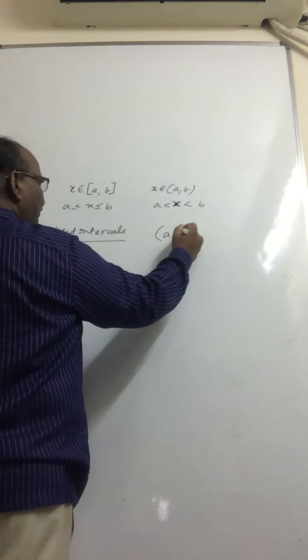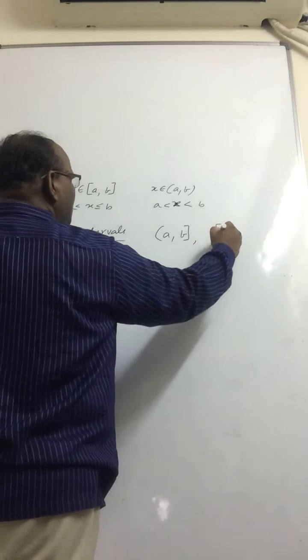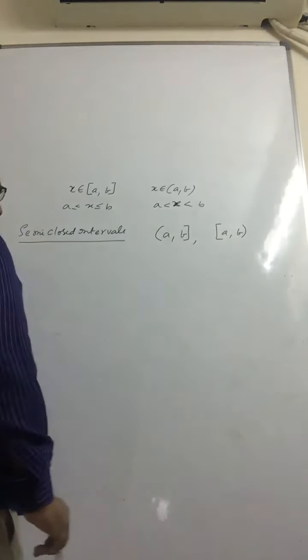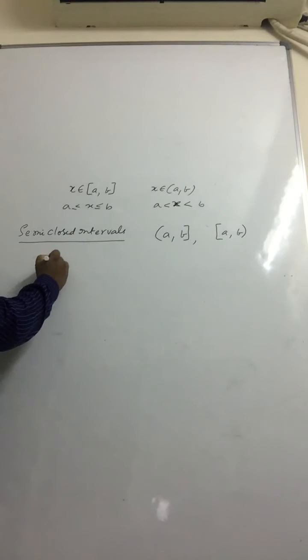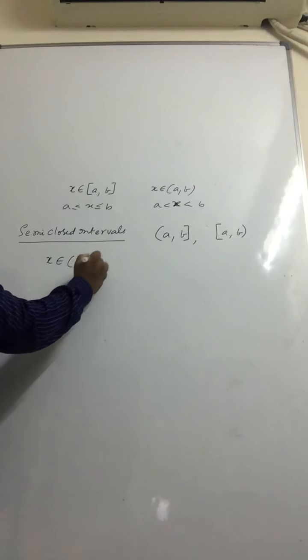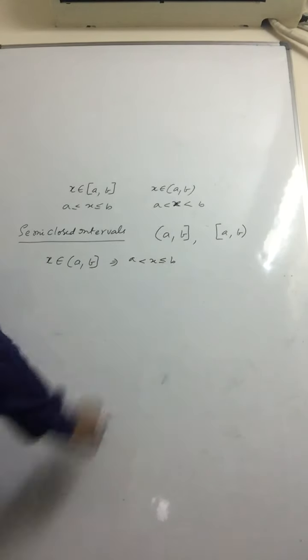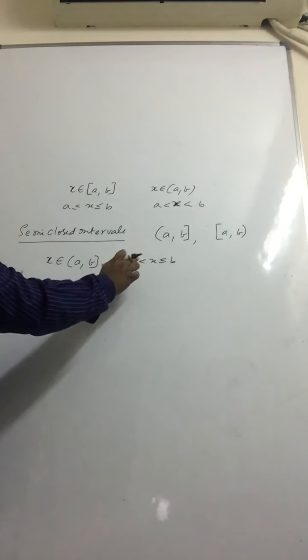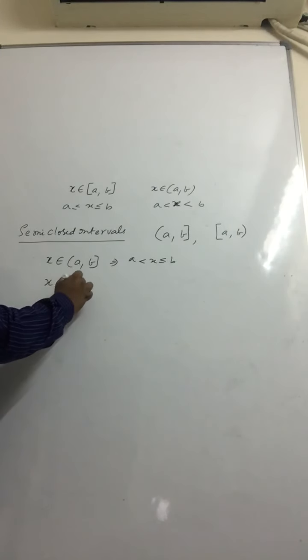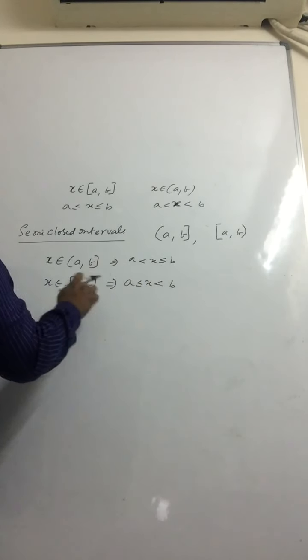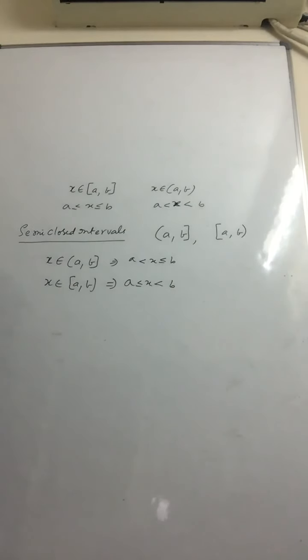So there are two different semi-closed intervals. Here the right side is closed, here the left side is closed. Whenever a closed part is there, that includes the boundary. In the first, X lies between A and B, we can take B, we cannot take A. If I take X belongs to [A, B), X lies between A and B, we can take A, we cannot take B. This is the meaning of a semi-closed interval.